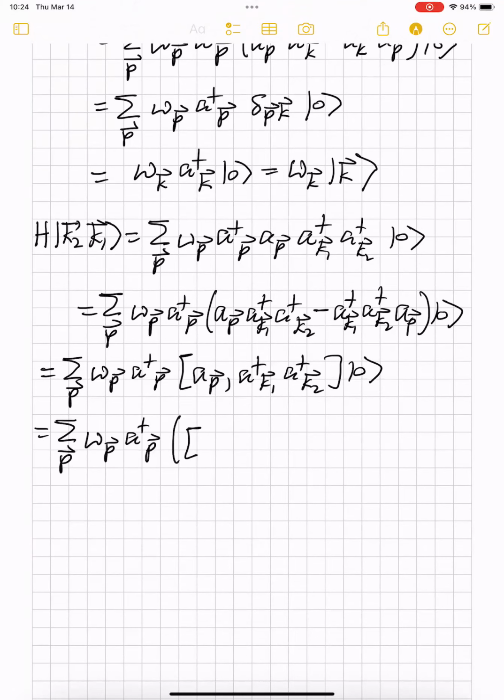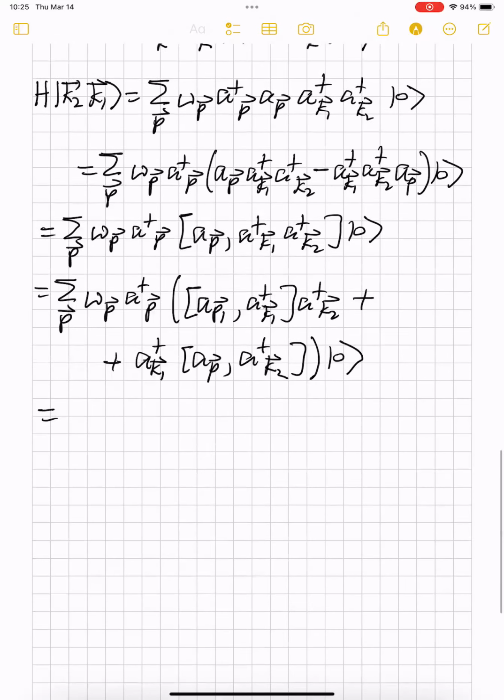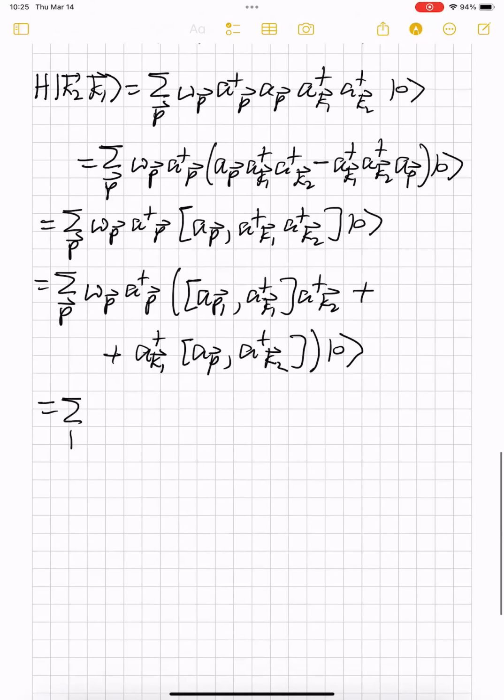First, the commutator acts on A dagger K1, and we leave A dagger K2 alone. And then the commutator will act on A dagger K2. And now let me plug in the value of the commutator.